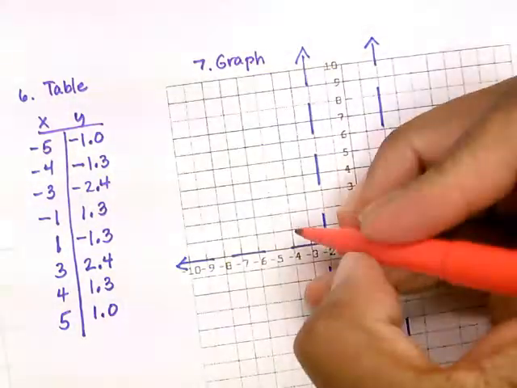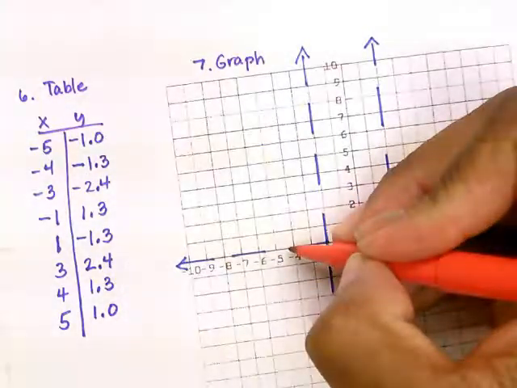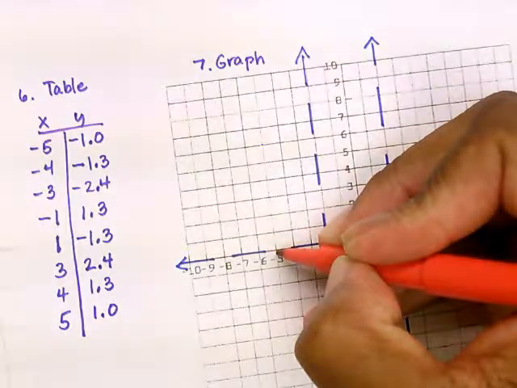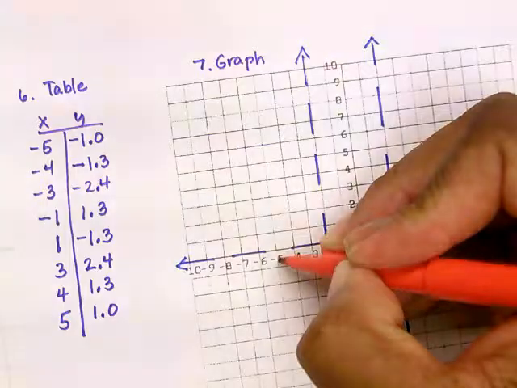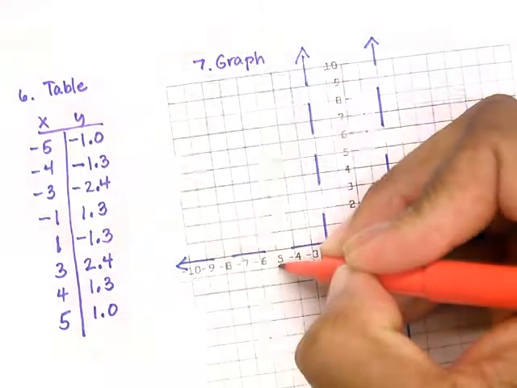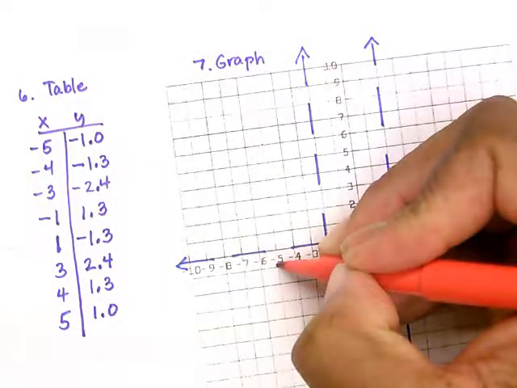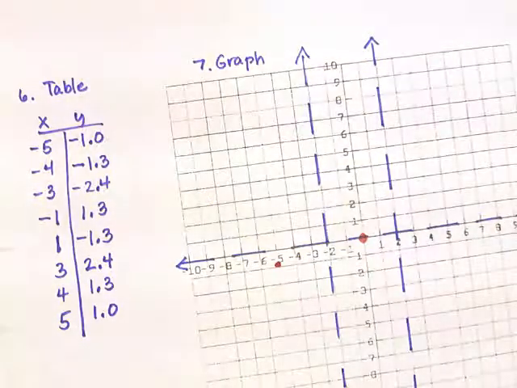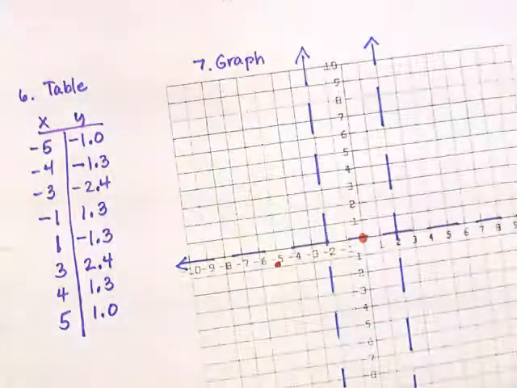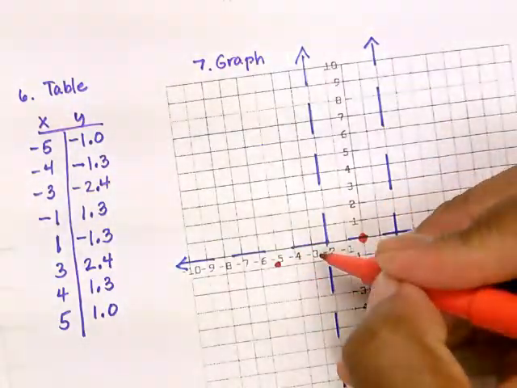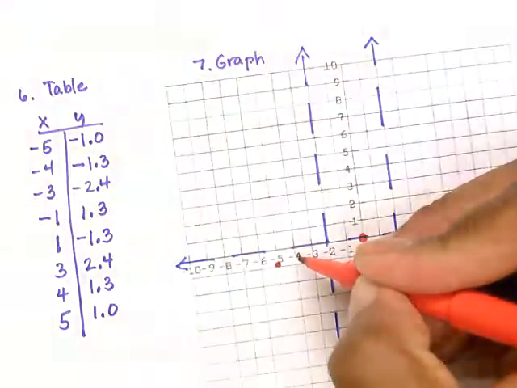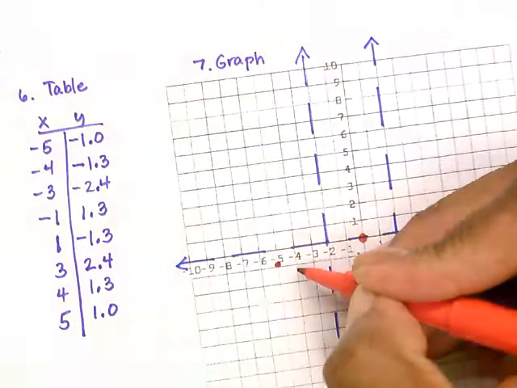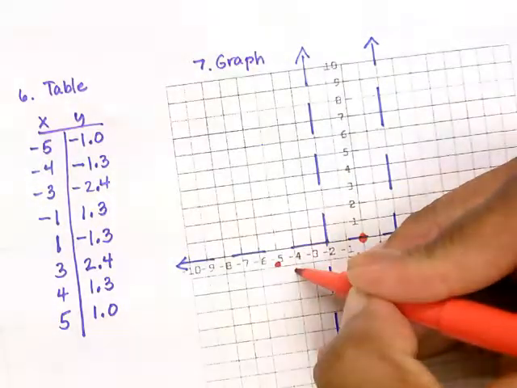So for -5 and 1.0, now I'm going to go to the left 5, but I'm going to go down, and I'm not going to be exactly at 1, because actually that's like -0.95. And then -4 and -1.3, to the left 4 and down 1 and 3/10 of the way.